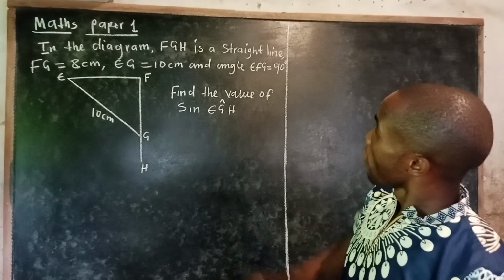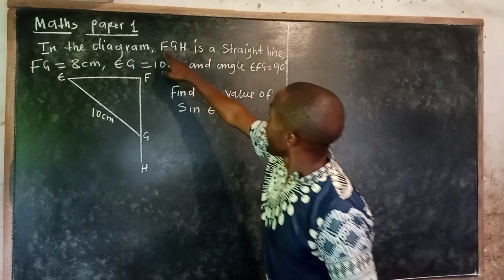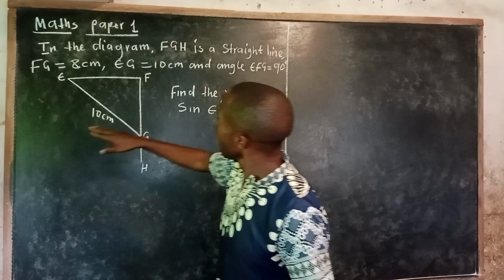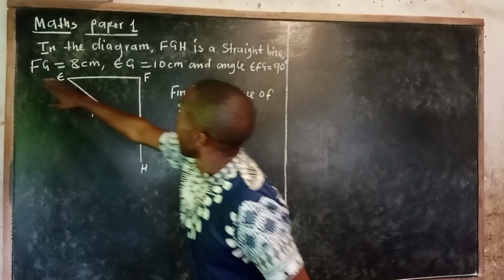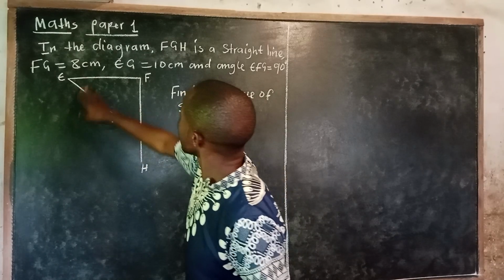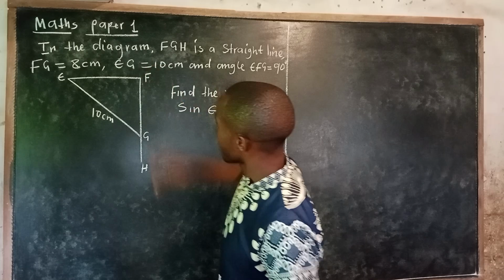The question reads, in the diagram, FGH is a straight line. FG is 8 centimeters. EG is 10 centimeters.